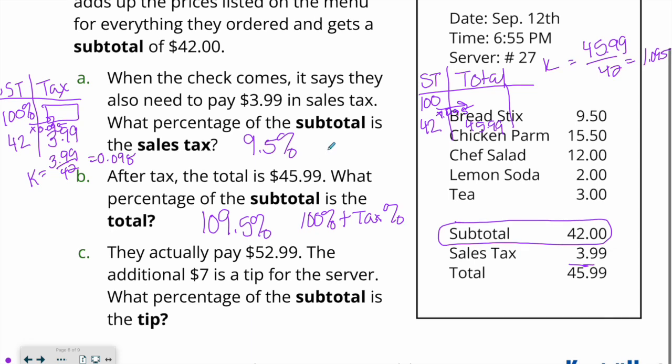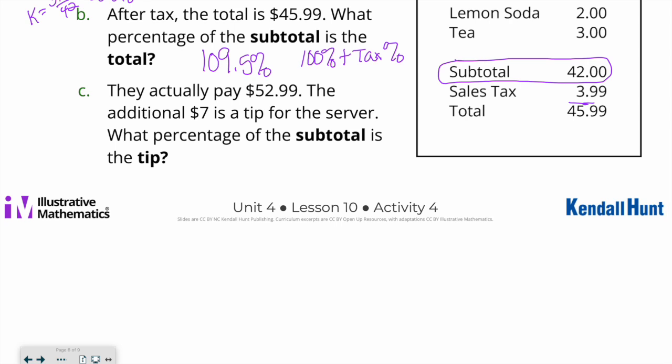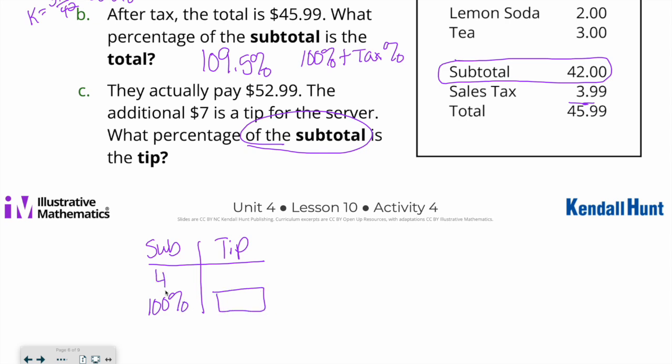They actually paid $52.99. The additional $7 is a tip for the server. What percentage of the subtotal is the tip? So we have the subtotal and the tip. The subtotal, that's my original amount, 100%. Tip percent is what we're trying to find.